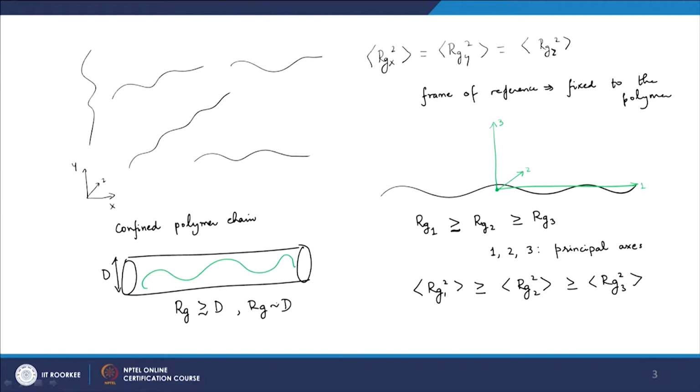So, if the chain dimensions become comparable to, say, the diameter, in that case the chain has to elongate in the other direction, because the chain cannot cross the cylinder, so it has to get elongated in the other direction because of the confinement. Okay.